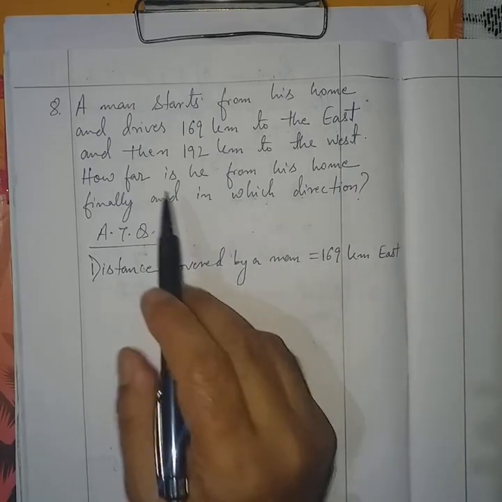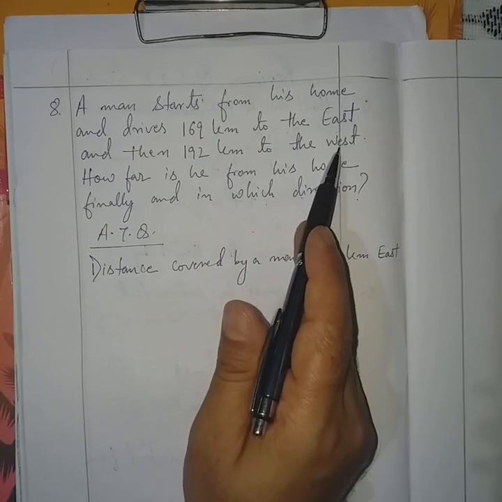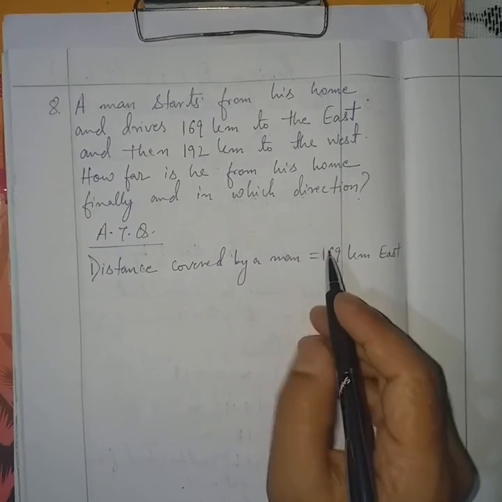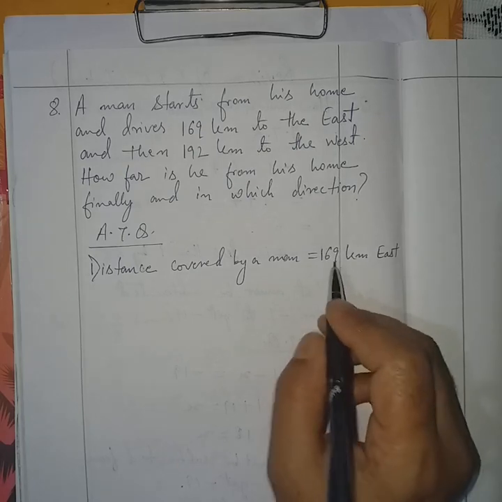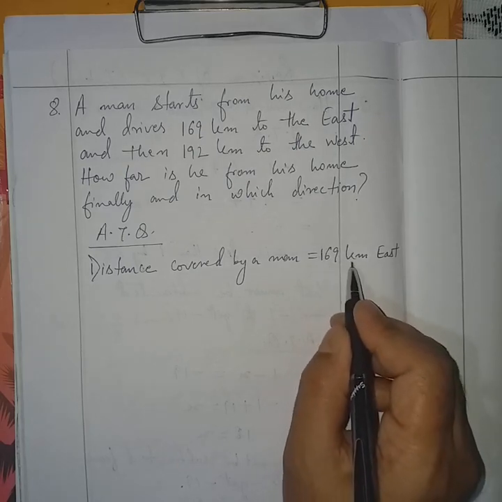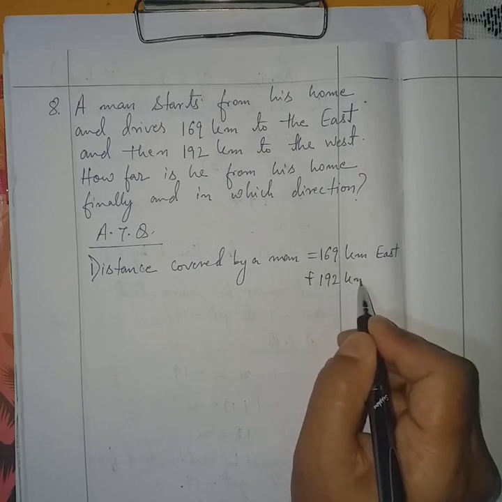Okay, and then 192 kilometer to the west. So east and west are opposite directions, so that we can use here minus sign for west. Okay, so the total distance will be 169 kilometer east plus 192 kilometer west.